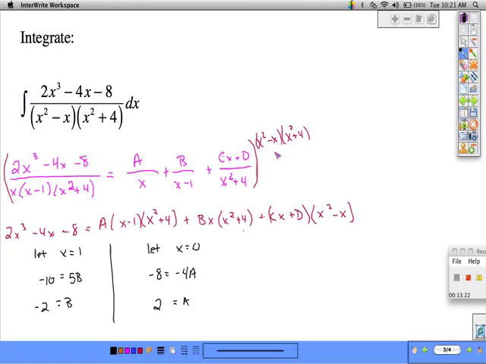So what I do is I pick any two values for x. I have two unknowns, I need two equations.